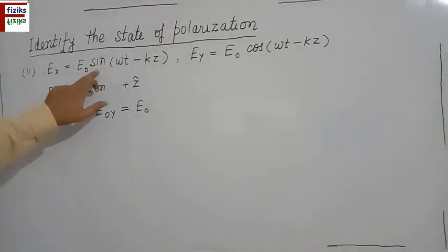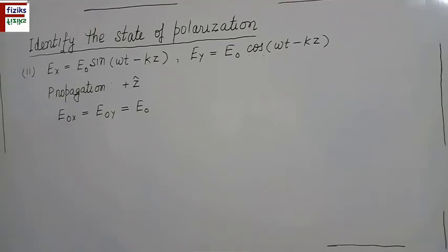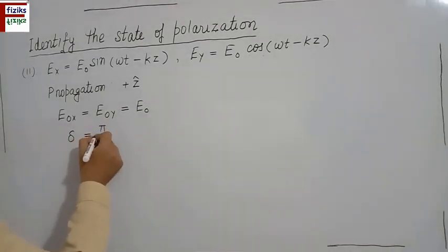You are aware that between sine and cos there is always a phase difference of pi by 2. So one term is given in terms of sine, another in terms of cos, so the phase difference is equal to pi by 2.